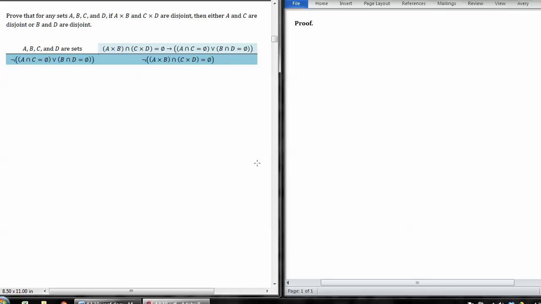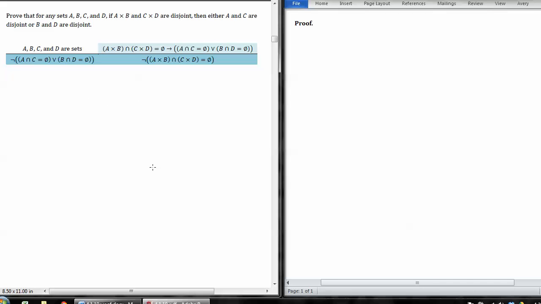And I chose overlapping because if two sets overlap, that means the intersection is non-empty, and that means I'm going to have some actual points to work with. I'm sure you can prove it either way, but this is the way that I chose. So I'm proving the contrapositive of this.